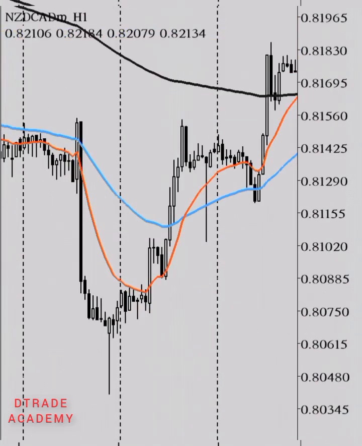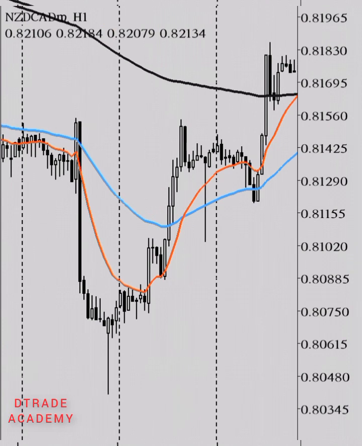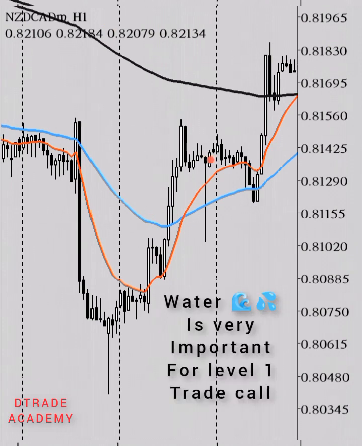Okay, before I end this video, let me show one more example. This is NZD CAD on 1 hour time frame, and I can see the crossing of our red and blue moving average, which is our ketchup and water. So after the crossing, I discovered that we had the market breaking our red indicator, which is the ketchup, and we waited for the second touch to be on our water.